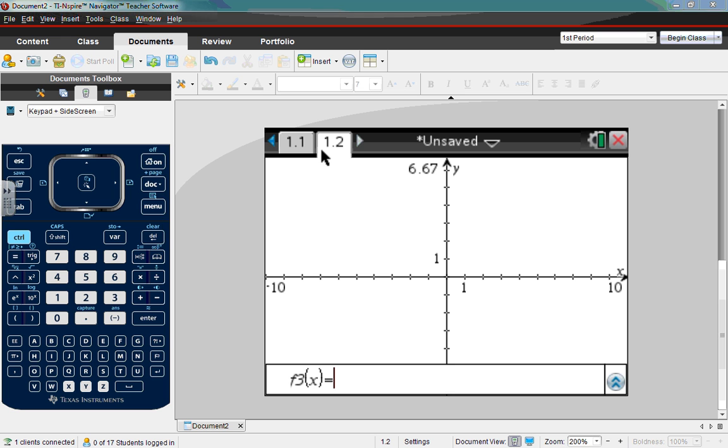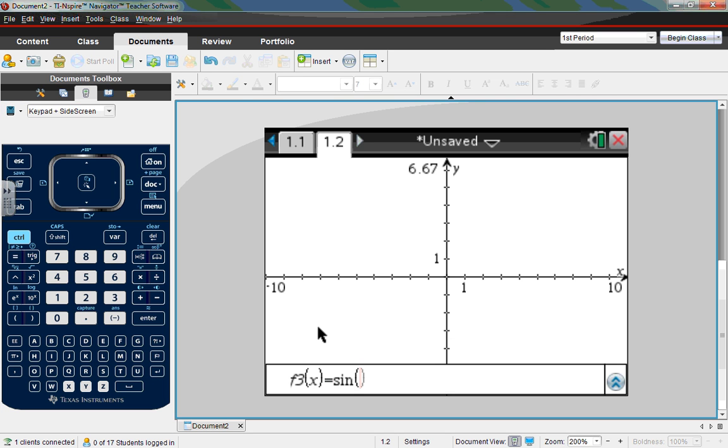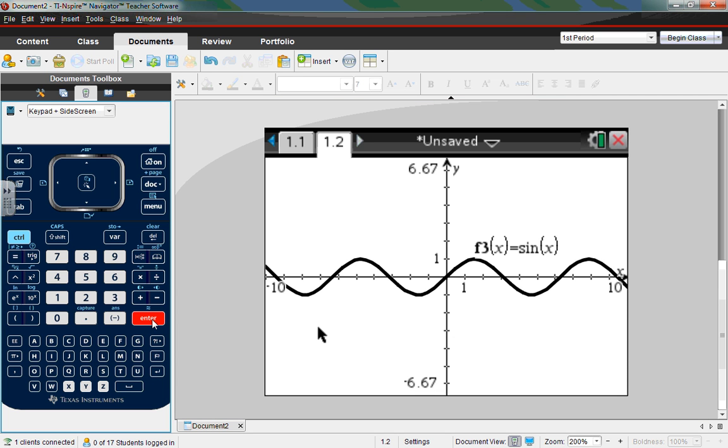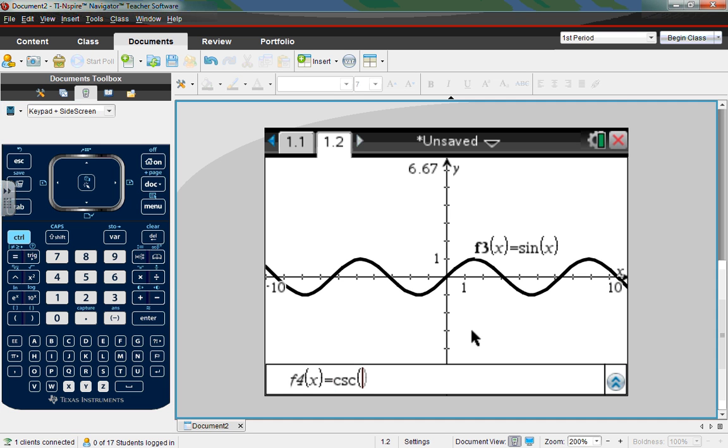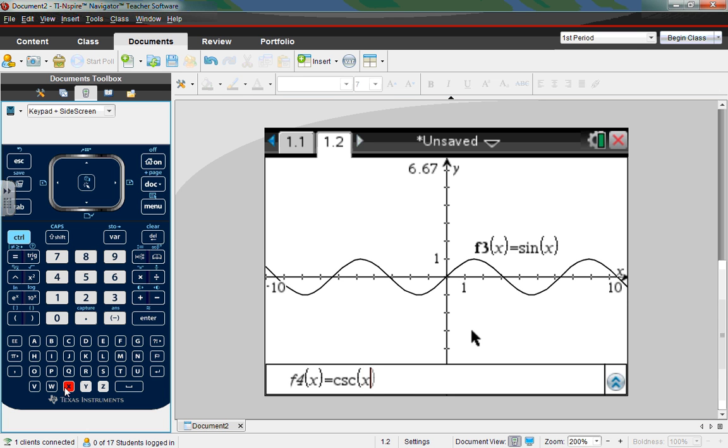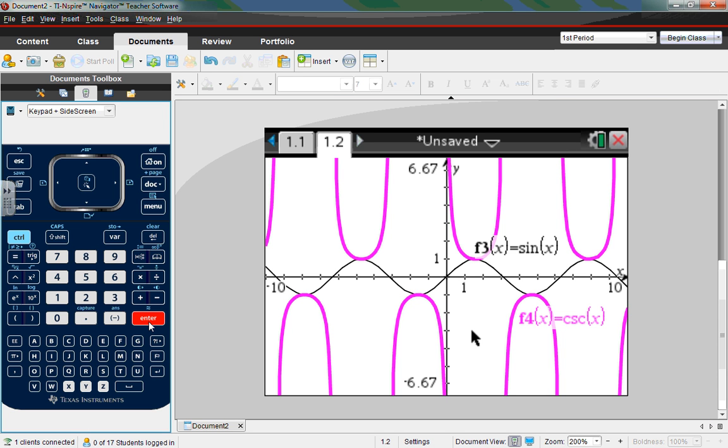So if I graph the sine of x, that's my graph of sine. Do we see it? Now, if I hit tab here again and I go ahead and graph the cosecant of x, do we see it? That's all it is.